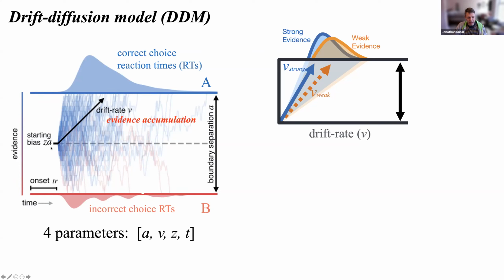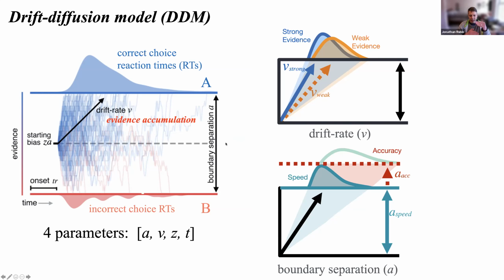As I mentioned, the onset parameter, which I'm going to call t, gives us a pure translation. Changing the drift rate, which would correspond to changing how strong the evidence is for one option or another, would change the reaction time distribution in a certain way. And changing the boundary height changes the distribution in a different way.